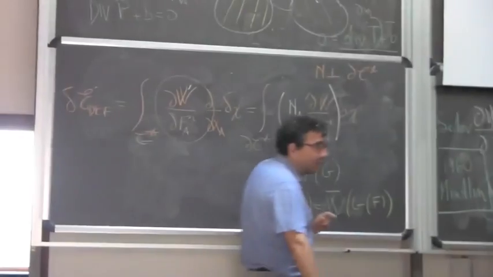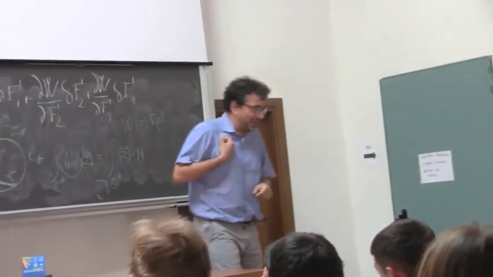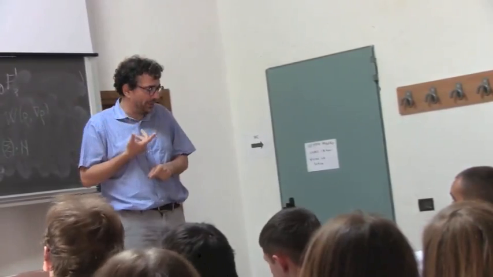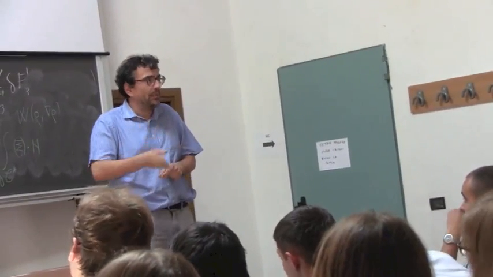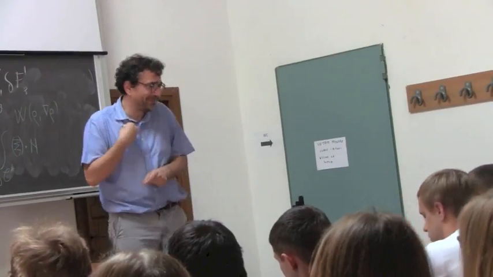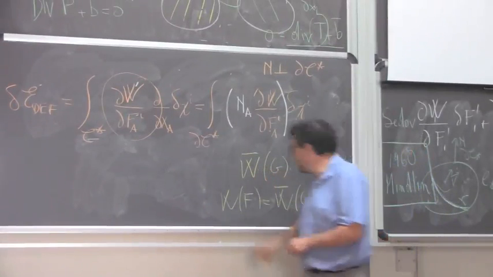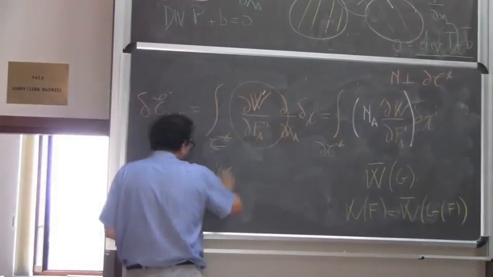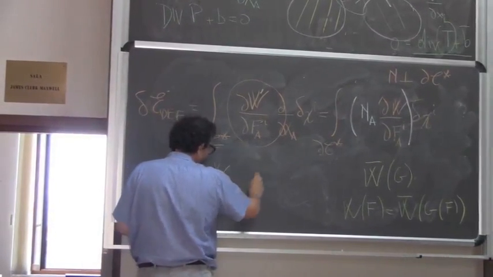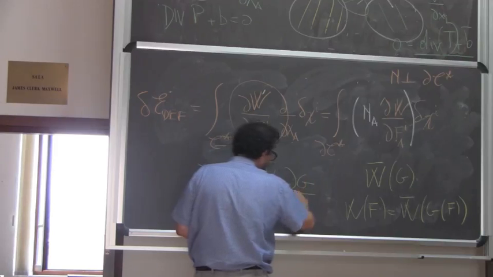Somebody among you could not immediately recognize, if you take another book, my Piola tensor with the other people's Piola tensor. Actually, they are the same, because I'm writing it in terms of the good variables F. If you want to write in terms of G, so if you have W bar of G, then dW over dF is equal to dW bar over dG times dG over dF.